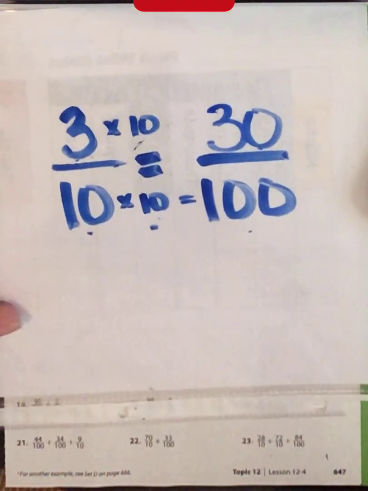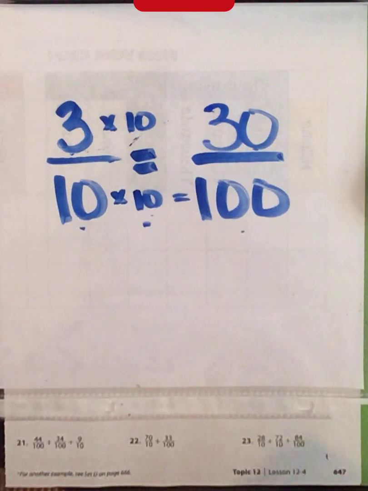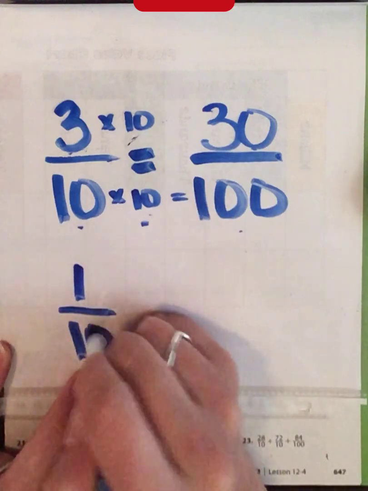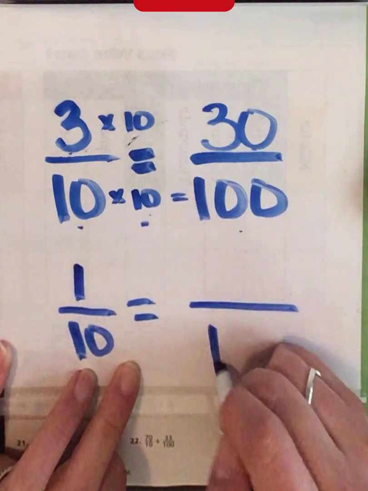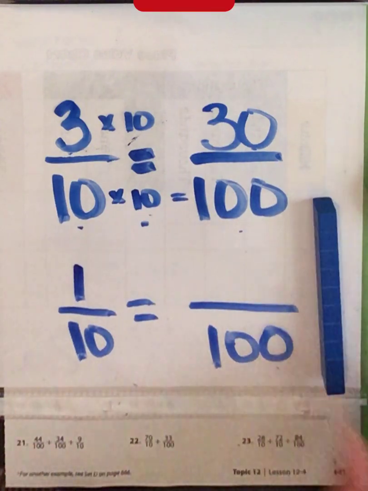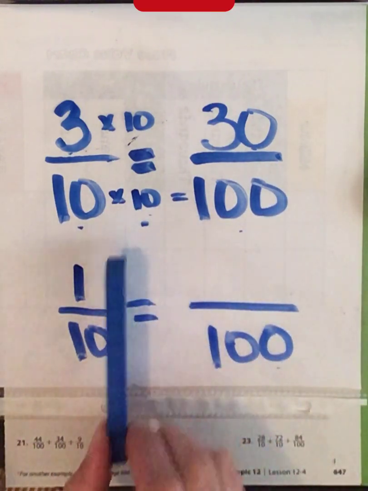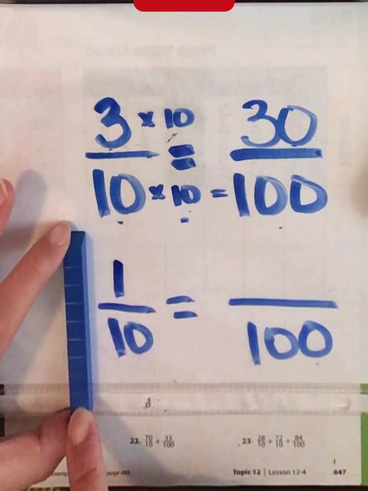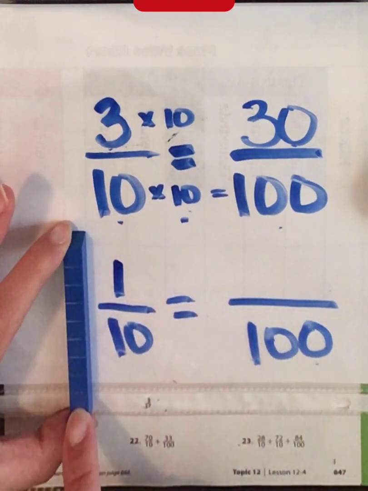Okay, and what that means in relation to our blocks, if we were to say that we had 1/10, is equal to how many hundredths? Here's my example. Here's our tenth, and this represents 1/10.